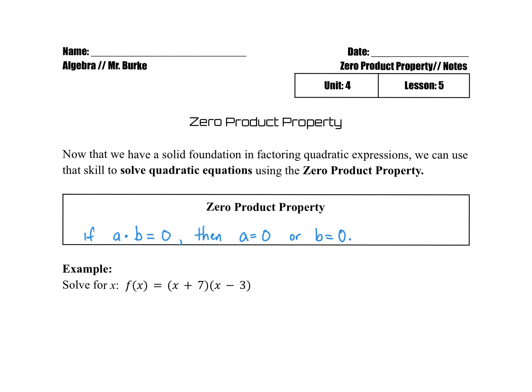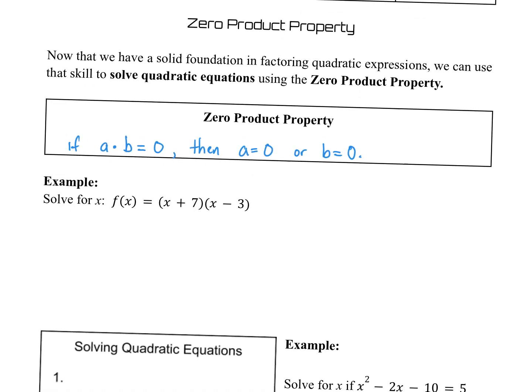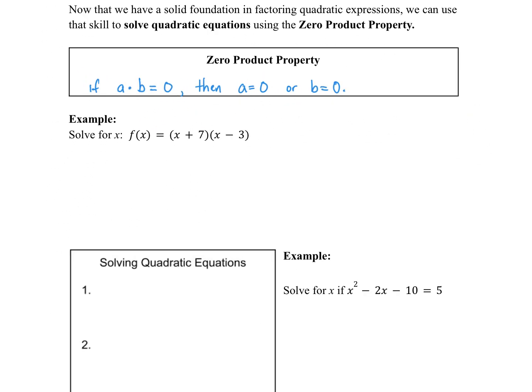So why do we care about that? Why is that very obvious fact useful? Well, take a look. Here's a quadratic equation that's already been factored. This is a quadratic function because of f of x. If I were to plug in 0 for f of x, then I've got two things being multiplied together to give me 0.